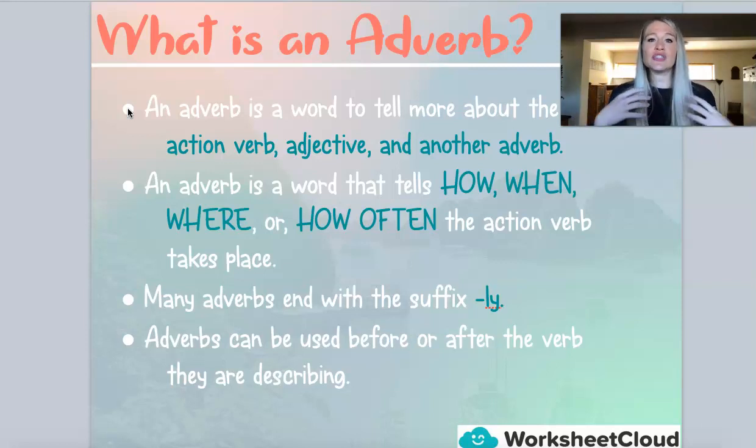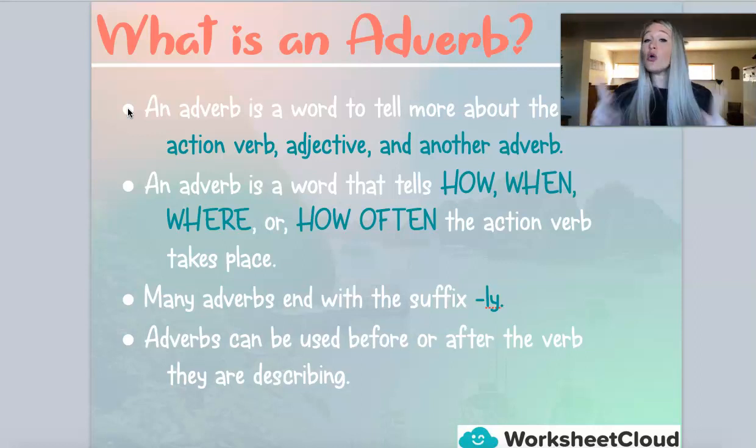It allows us to really visualize what is going on in the sentence or the story, and it gives us more detail with the English itself. It tells us how something is happening, when something happened, where something happened, and how often something happens as well. And so it just gives more life into your work.